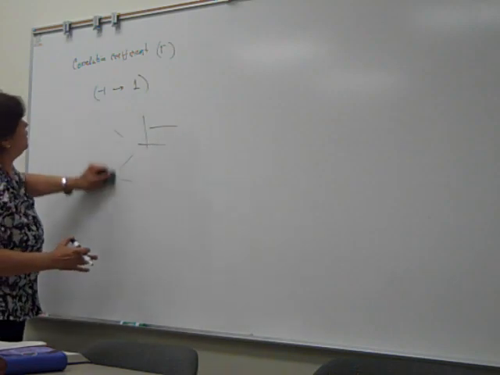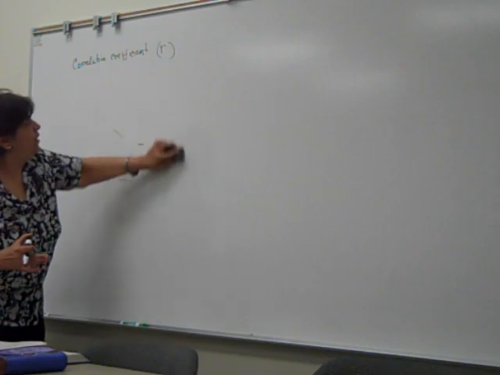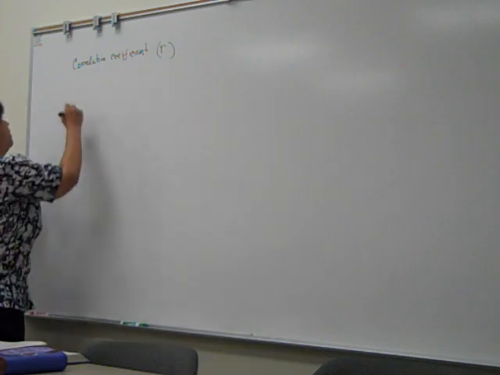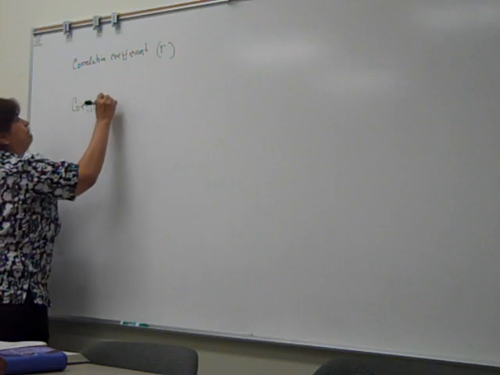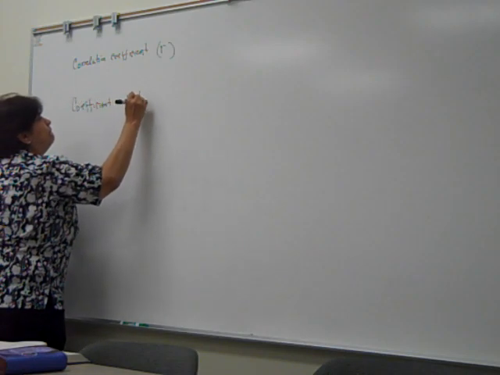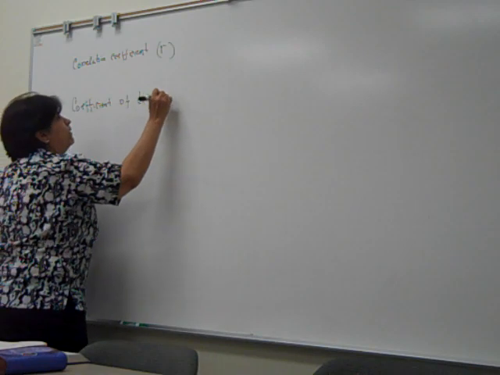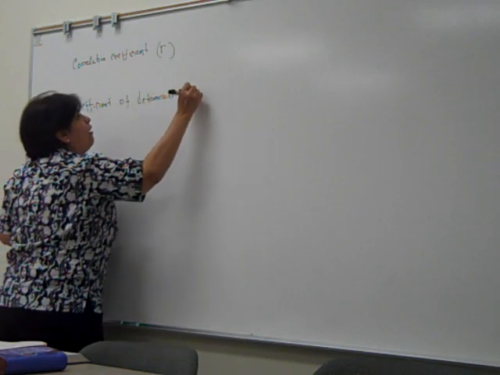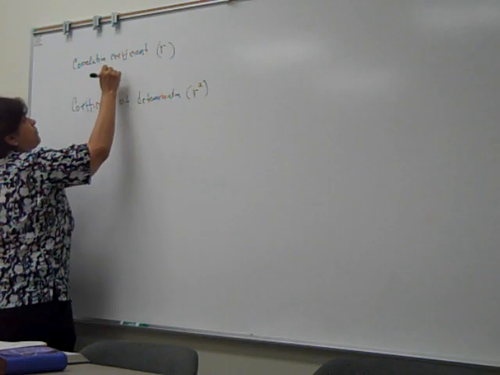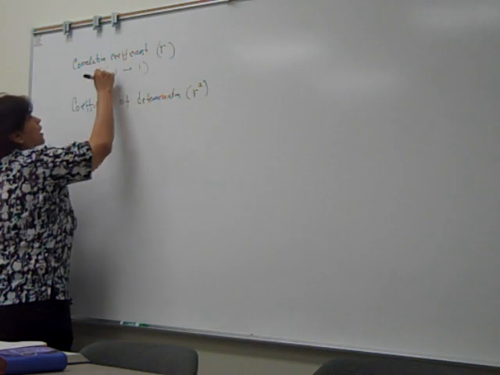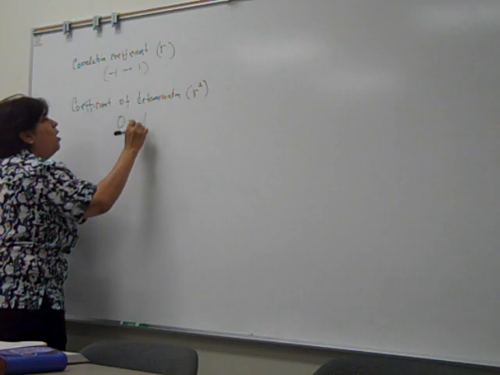Another concept is the coefficient of determination. That's R squared. R squared goes from 0 to 1.